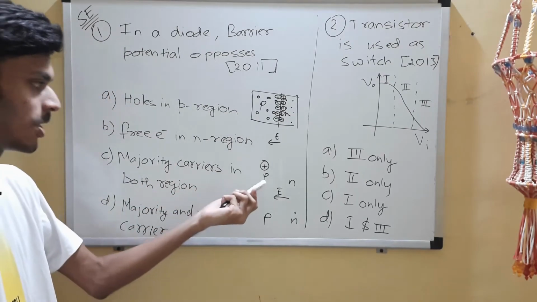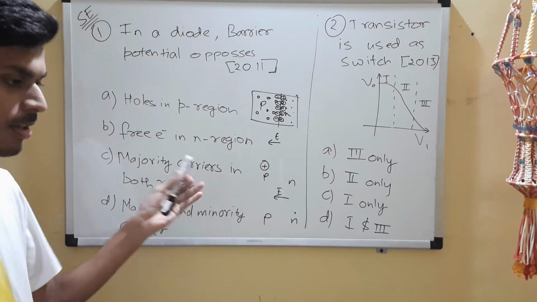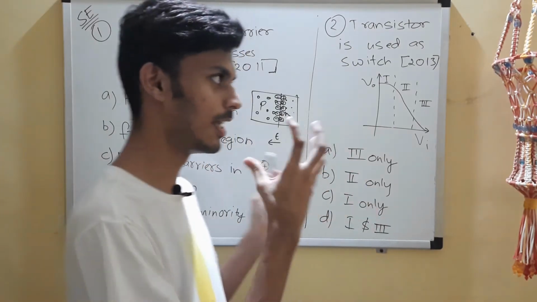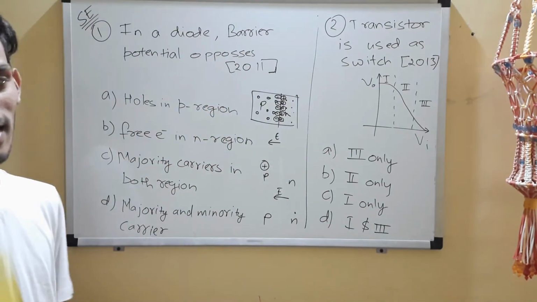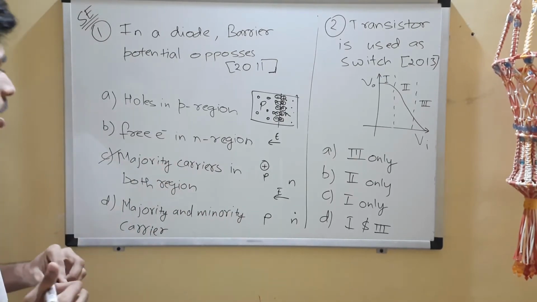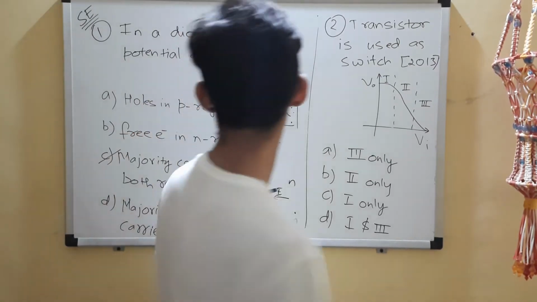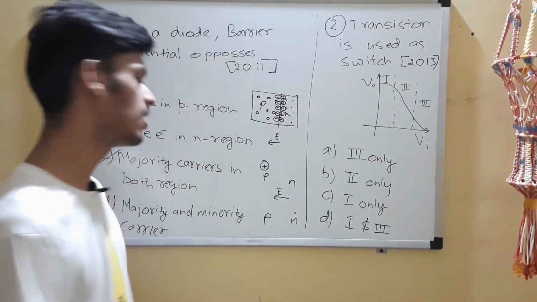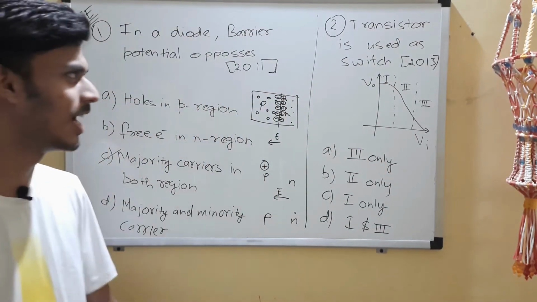It's opposing the motion of holes in the p region and electrons in the n region. Okay, so option C, the potential barrier opposes the motion of majority charge carriers in both the regions. Okay, I hope that is clear.